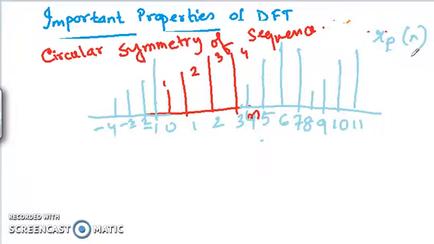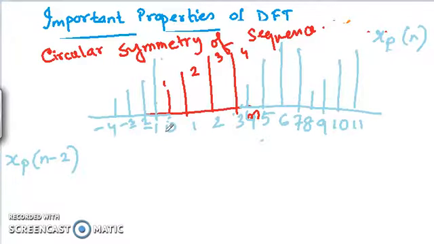Now if I want to shift this periodic sequence, x_p of n minus 2, what am I getting? The 0 point is going to shift, and I am going to take only the 4 samples.